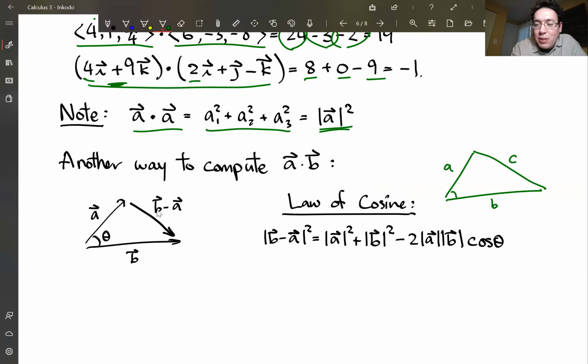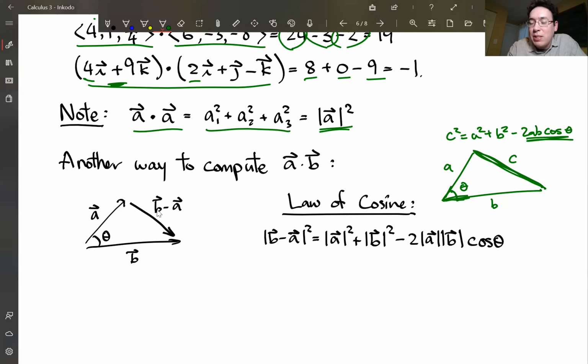It's usually written something like this. If you have the three sides of a triangle A, B, C, and if I draw an angle between the sides A and B, so that it's opposite the third side C, then the law of cosines says C squared is equal to A squared plus B squared minus 2AB cosine of the angle between A and B. It's like a generalized formula for the Pythagorean theorem.